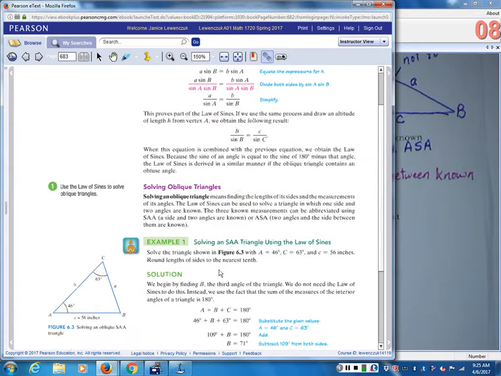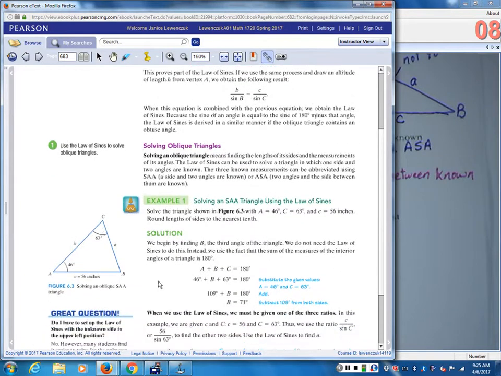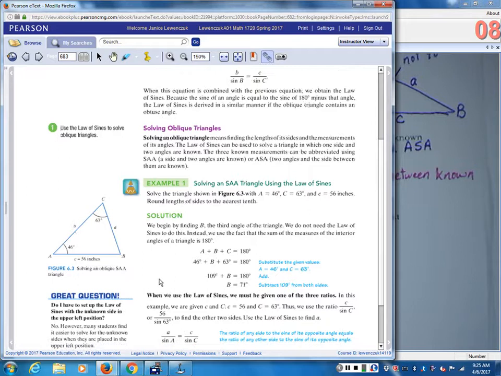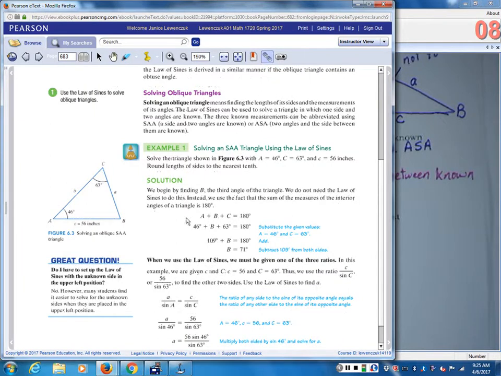And here's an example. It's a different example, so if you need to look at different examples. And here's another thing the book says. It just tells you a lot of good, helpful hints that I try to look at and make sure I tell you in class. But I did tell you this. Where did it say that?